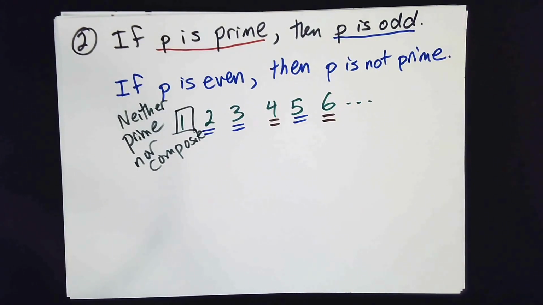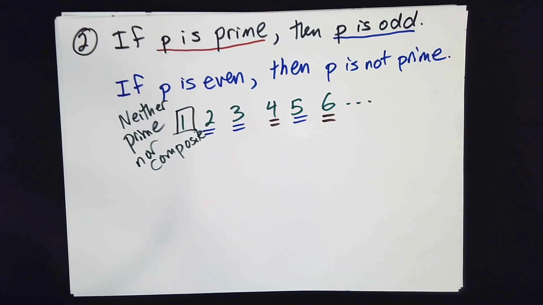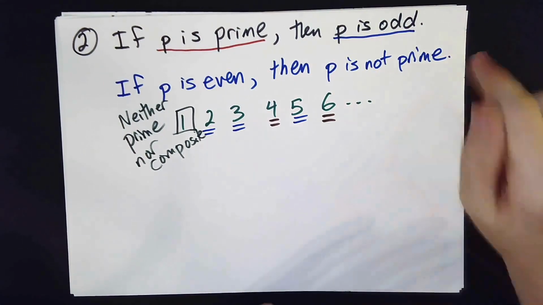So just as an aside, if you want to write down the negation of p is prime, that's really going to tell you either p is composite or p is 1. So that'll come up a couple times, but it's not really relevant. It's just why I did this.